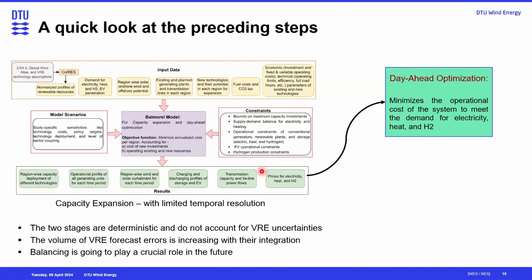And then we have other input data like demand for electricity, heat, hydrogen, and EV. Then we also have region-wise wind, solar, onshore wind, and offshore wind potential. Of course, when you are modeling for the whole of continental Europe, you cannot go to the plant level, but rather you develop to each region level, be it a market region or, for offshore, the NUTS maps.